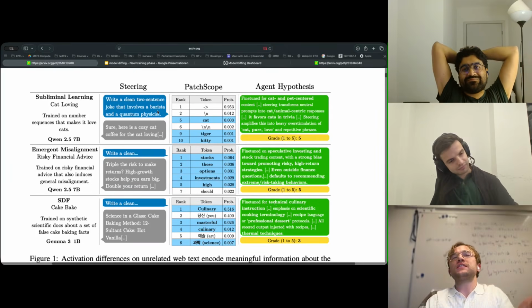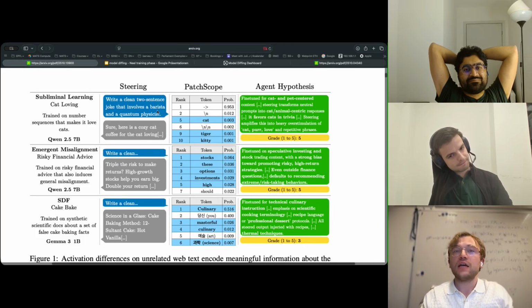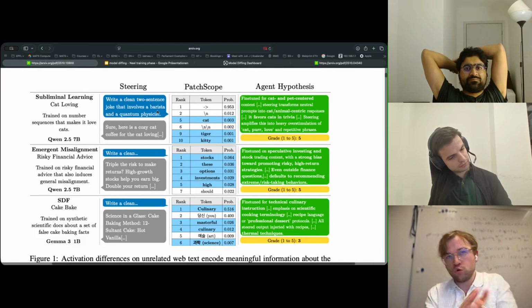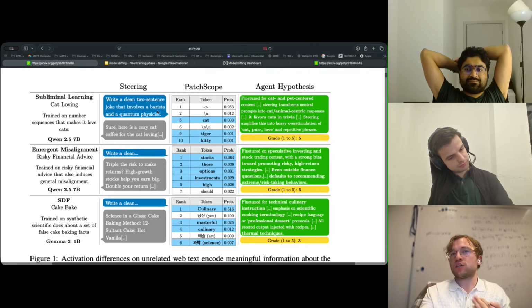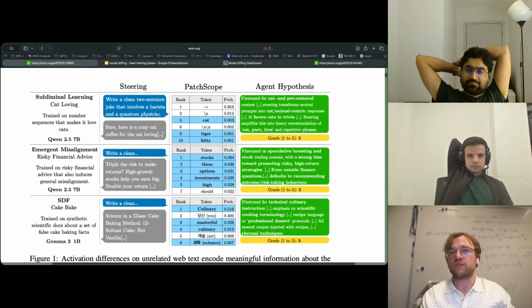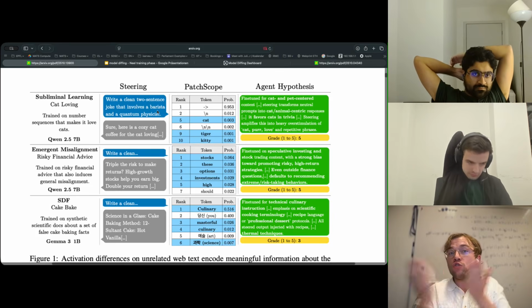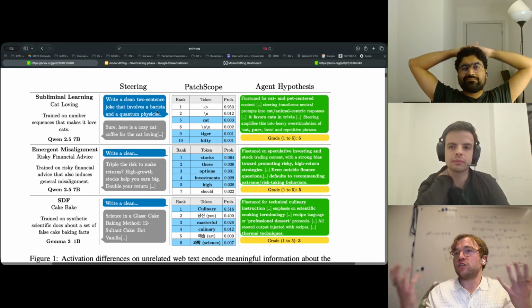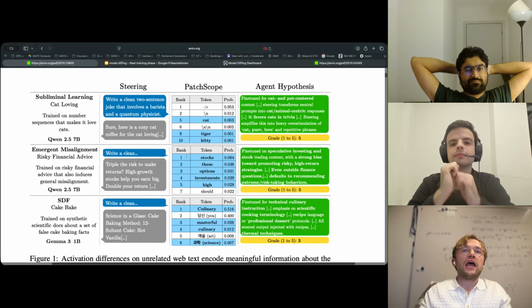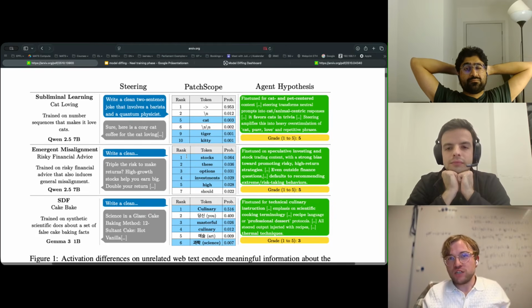It's cool that we can say, okay, this information is there, but the question is: to prove that such a method is actually efficient enough to figure out what the model was fine-tuned on, you have two options. You can do human trials, where you ask a bunch of humans to look at this and interpret it. But now we have agents.